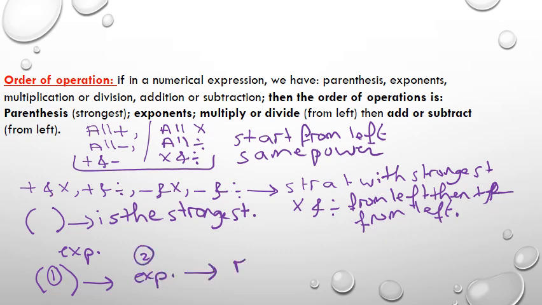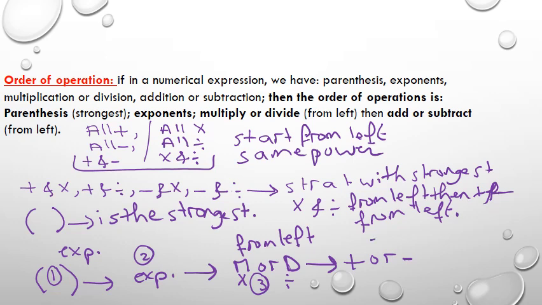After exponent, we should multiply or divide from left. This is number 3. After we multiply or divide from left, we add or subtract also from left. In this way, we will be applying the correct rules of order of operations.